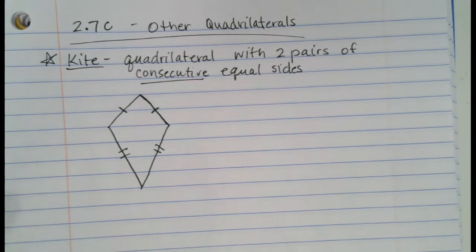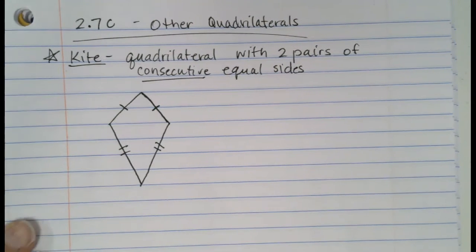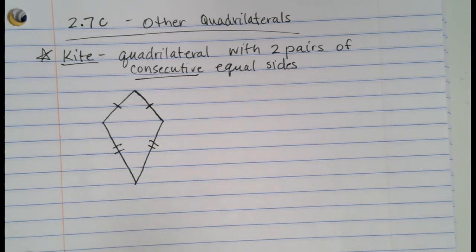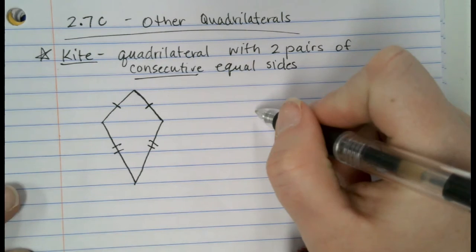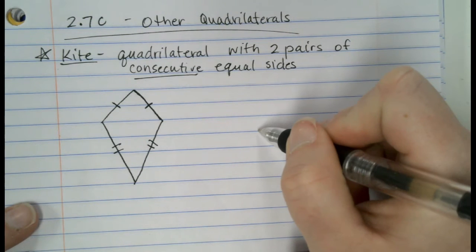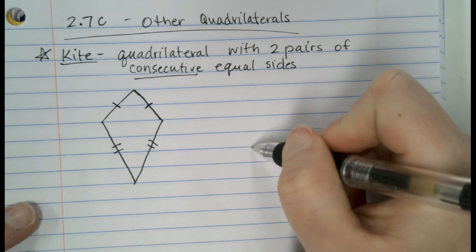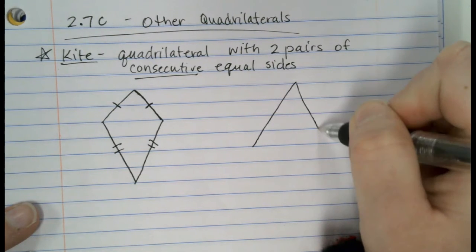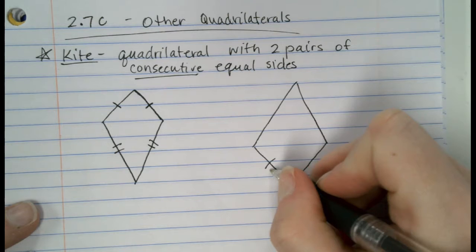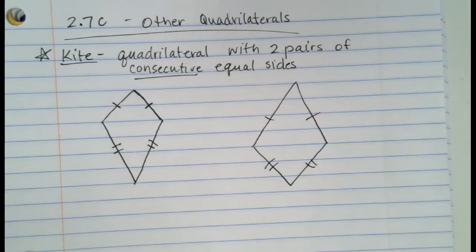For some reason, a lot of times in a kite, they draw in the middle line segments. So let me show you what I'm talking about. I'm just going to draw another one. I'm going to draw this one upside down. So these two are equal and those two are equal.